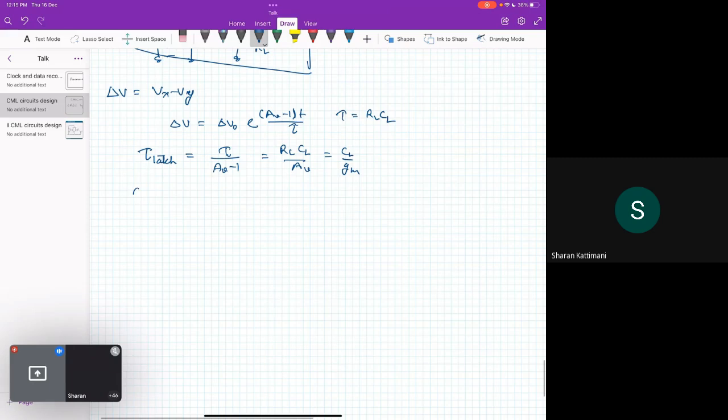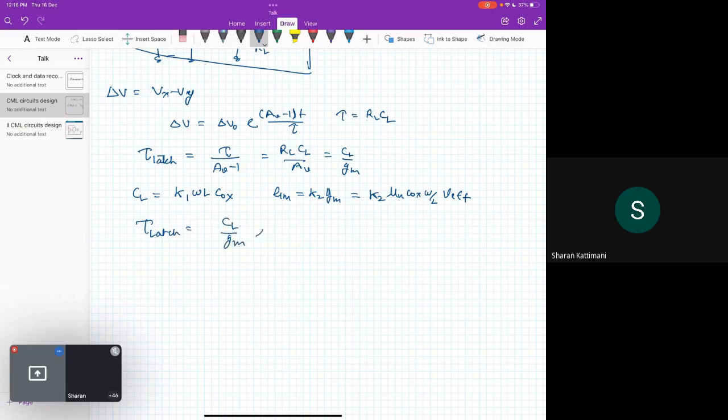Okay, and if we add the real component of the transistors, then GM is, let's assume some K2 factor, GM. So this K2 mu n Cox W by L V effective. Okay, so we can say that T latch is nothing but CL by GM ln of delta V logic divided by delta V0.